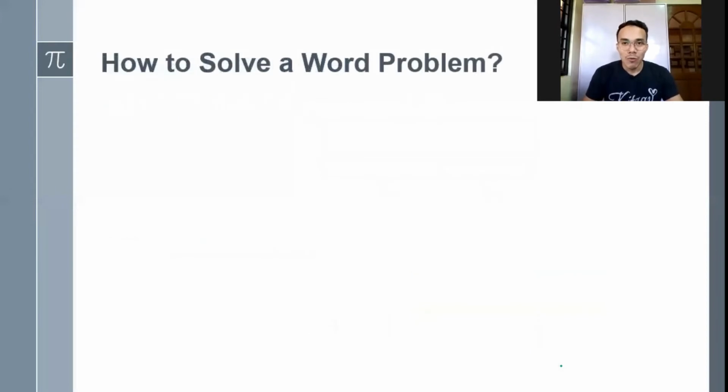And how do we solve a word problem? In math, it is important to solve a problem or a word problem systematically. It means there should be a procedure, a process to be followed. The process that we're going to follow is what we call the U-PAC process.